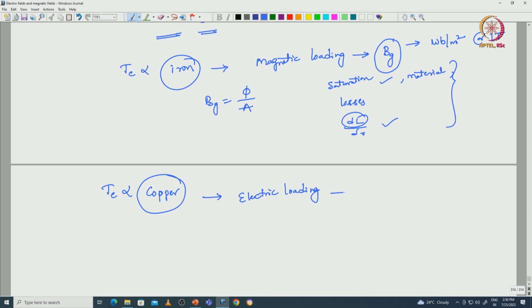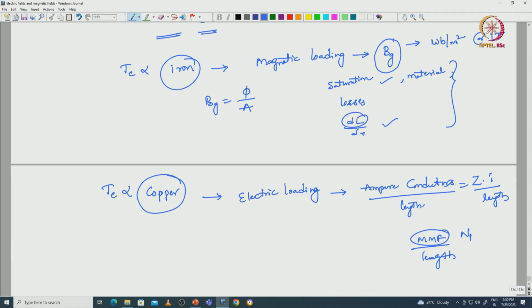Electric loading is nothing but surface current density or ampere conductors per unit length. Ampere conductors is nothing but Z into I divided by length. In some cases we can represent mmf by length also.